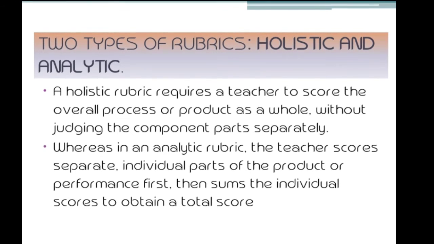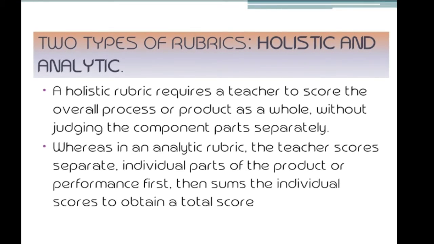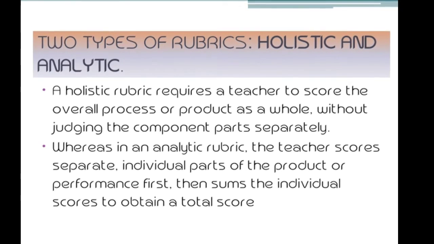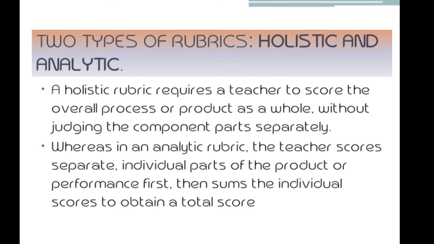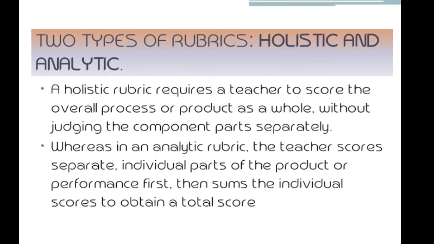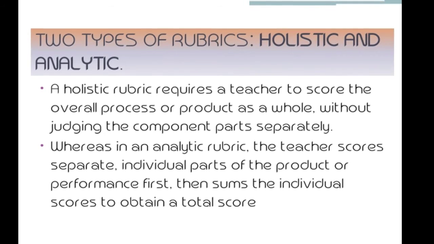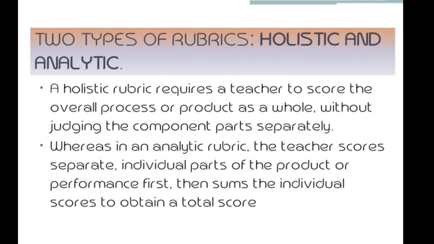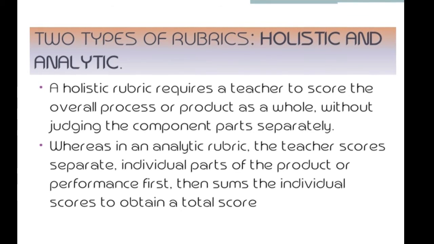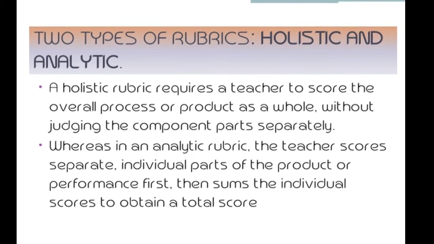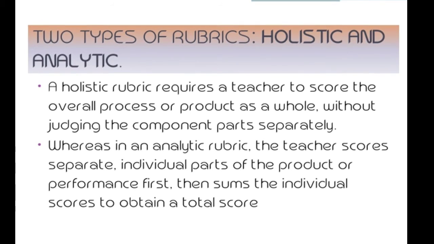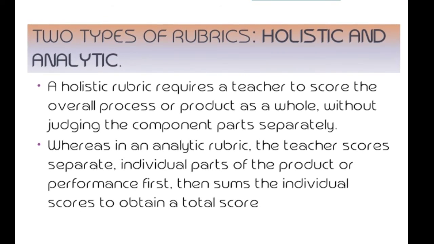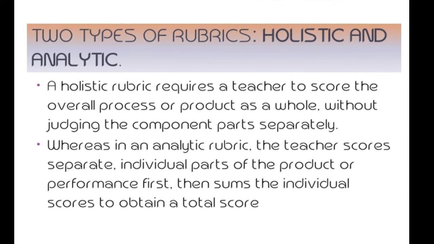A holistic rubric requires a teacher to score the overall process or product as a whole, without judging the component parts separately. Whereas in the analytic rubrics, the teacher scores individual parts of the product or performance first, then sums the individual scores to obtain a total score.